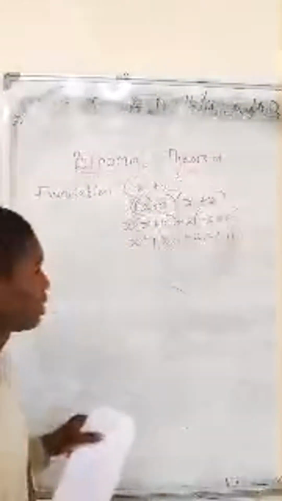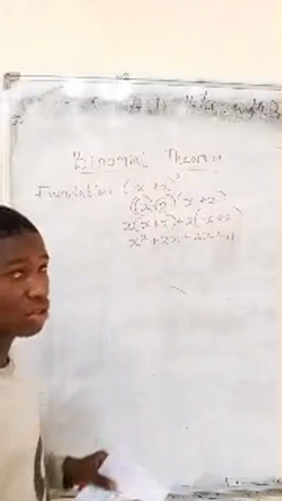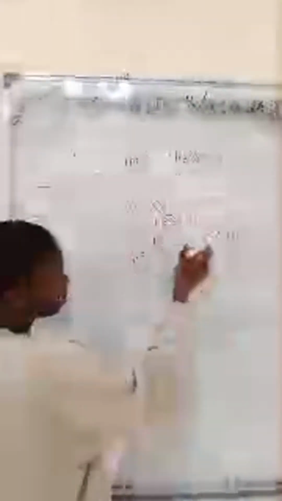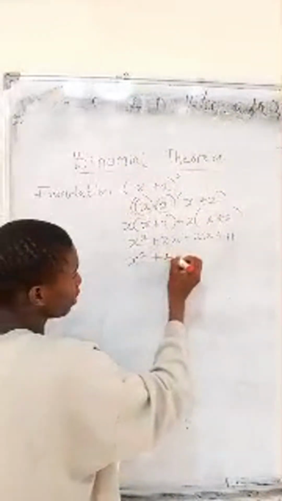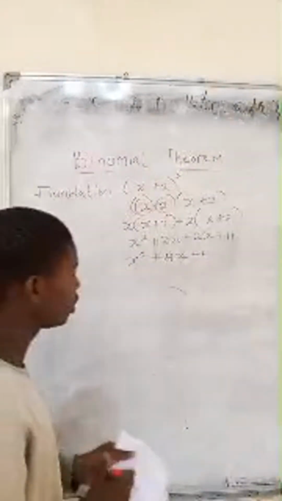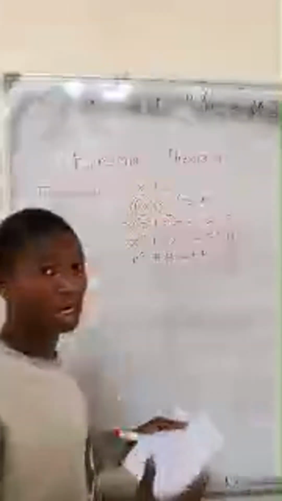From this, I can see that we have two terms in common, which are 2x and 2x. So I'm going to have x squared, plus 2x plus 2x gives plus 4x, plus 4. Now we have expanded this, and you can see it's very easy to expand.